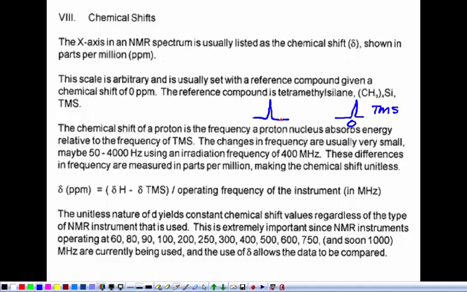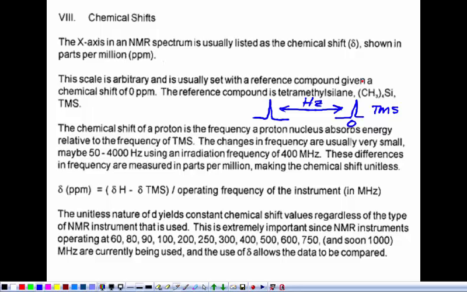So if we have this peak that corresponds to our compound, basically there's a difference between those two peaks that's going to be measured in hertz. For the most part, the differences between peaks in an NMR spectrum are going to be either hertz or fractions of hertz. It won't be more than maybe a couple thousand hertz, but it's not megahertz. That's the key.